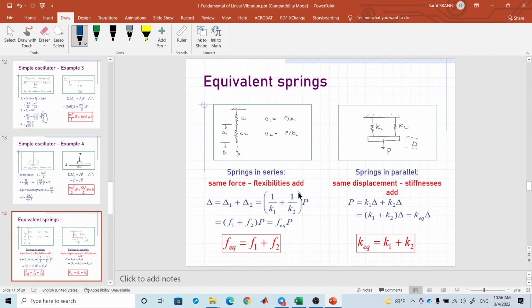Rather, the inverse of the equivalent spring constant is the sum of the inverse of each spring constant. And for two springs connected in parallel, the equivalent spring constant is the sum of the two spring constants. They're very easy to remember, right?